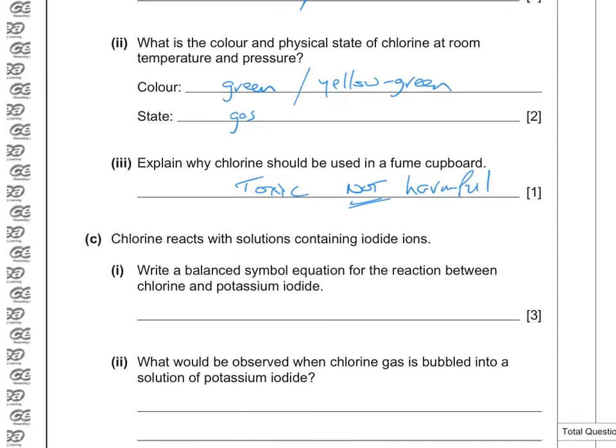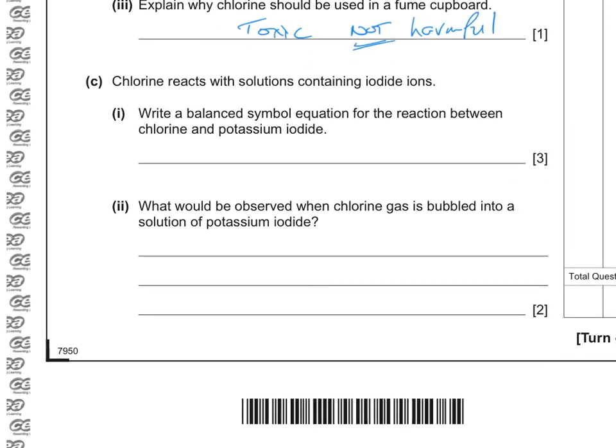Then a balanced symbol equation for chlorine. Well, chlorine, when it's on its own, is diatomic. Remember, I said group 7 elements are diatomic. So it's going to be Cl2. Potassium iodide is KI.